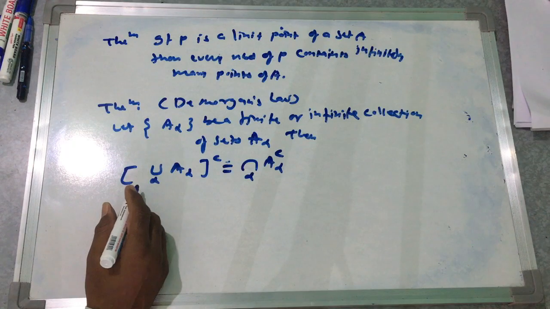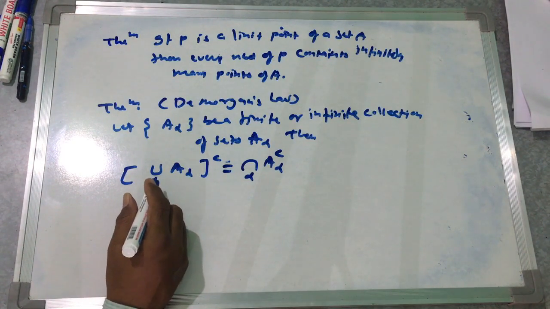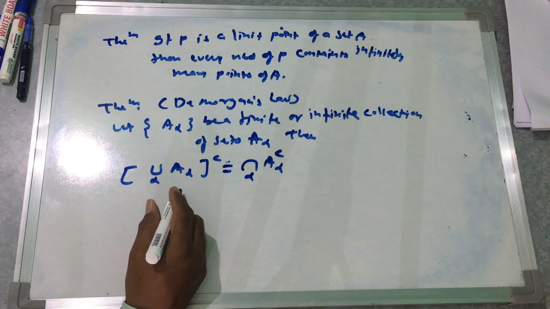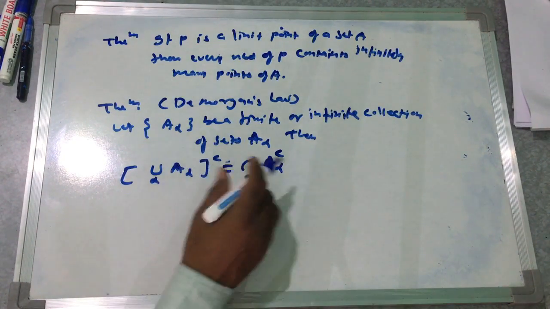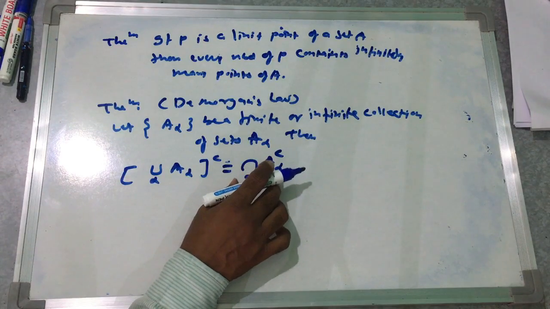Let A suffix alpha be a finite or infinite collection of sets A alpha, then the complement of the union of this is equal to this.